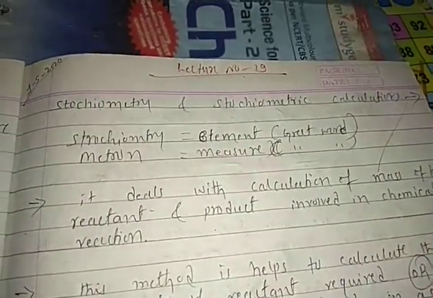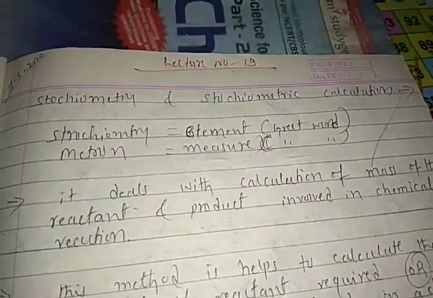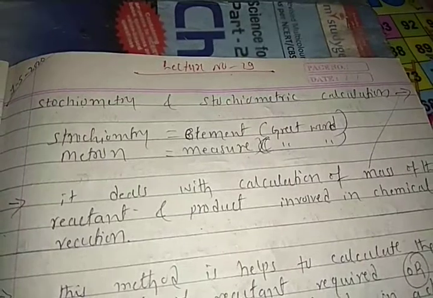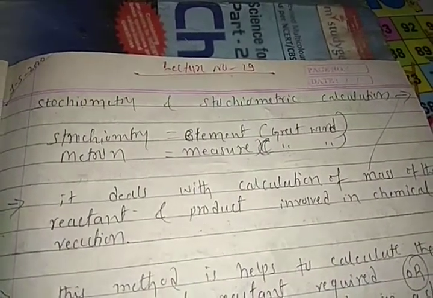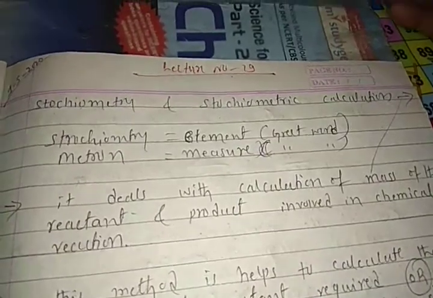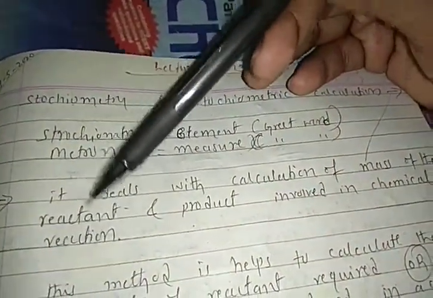So what are stoichiometric reactions? They deal with the mass of the reactants: how much mass of reactant reacts with each other, whether 1 kg, 2 kg, 3 kg, 4 kg or 100 kg of reactant.